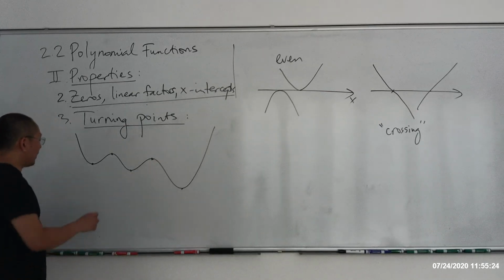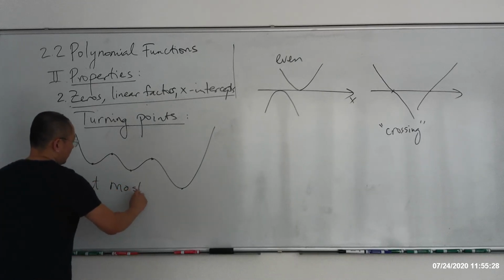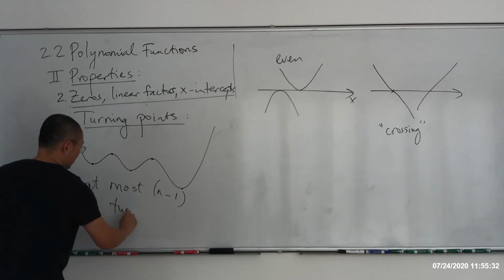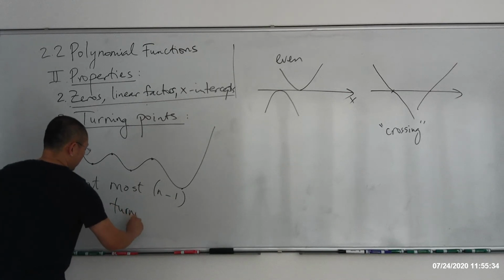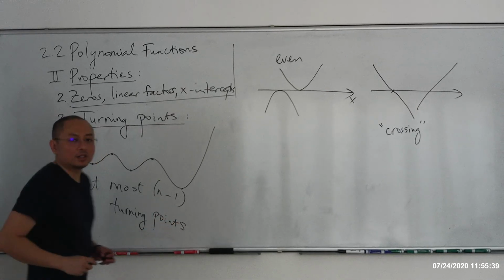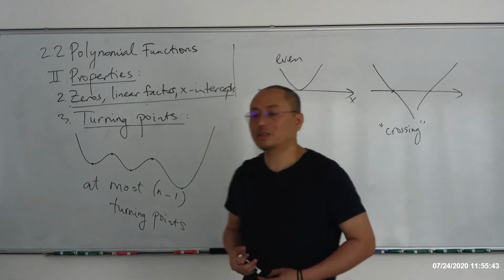Okay. For a polynomial of degree n, you will have at most n minus 1 turning points. I say at most, okay? So if you have a polynomial of degree 5, you will have at most 4 turning points.